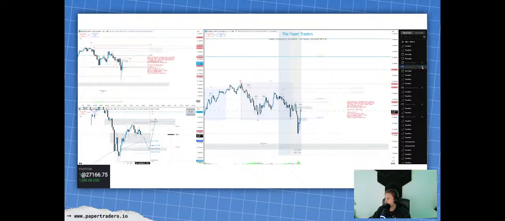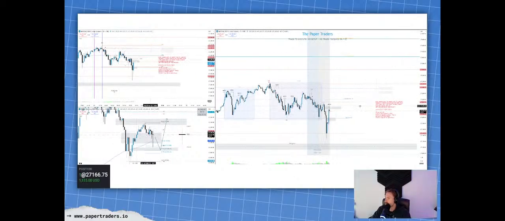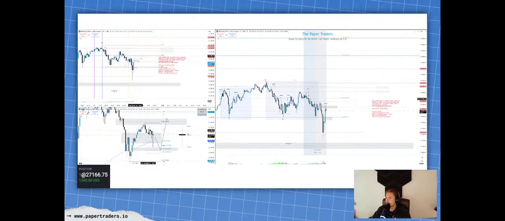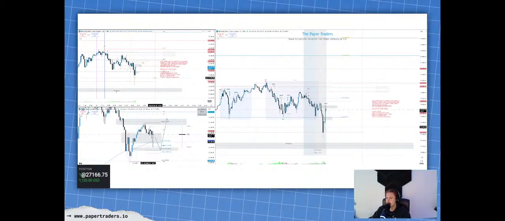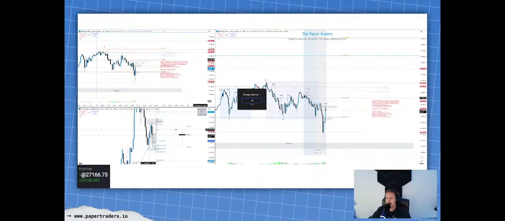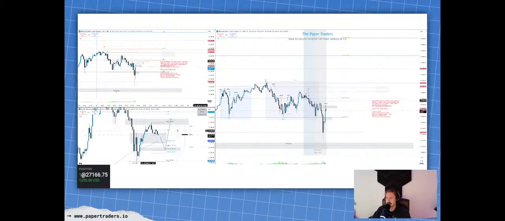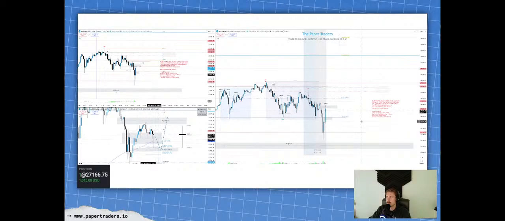Oh my goodness, what are we looking at? Let's see. The 15-minute looking to close back below this fair value gap that it has. Got 1 more minute left on this thing. And this will also be 1 more minute until the new 4-hour opens up too. 30 seconds left until they open this up.